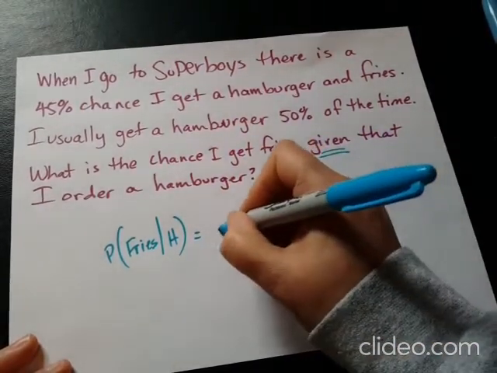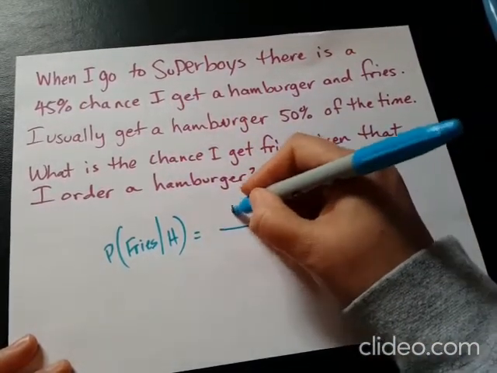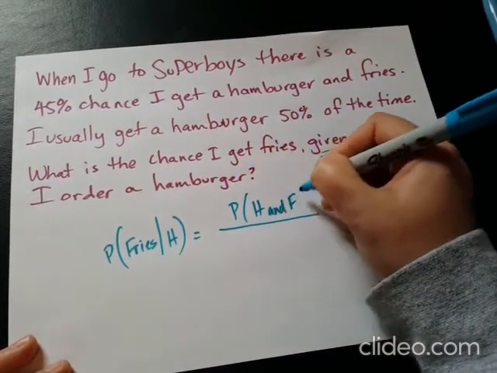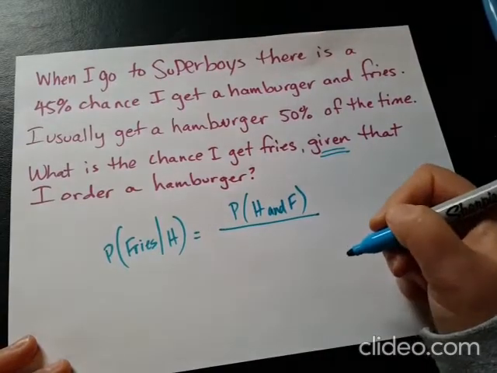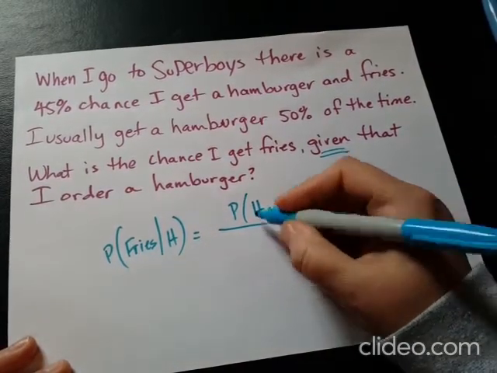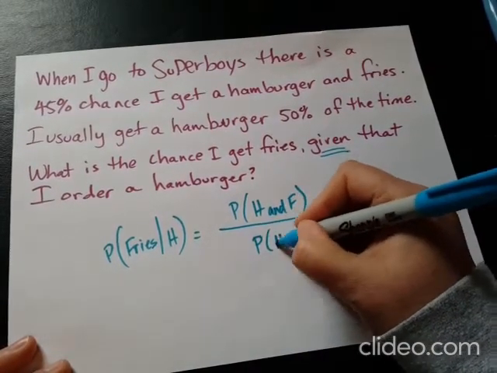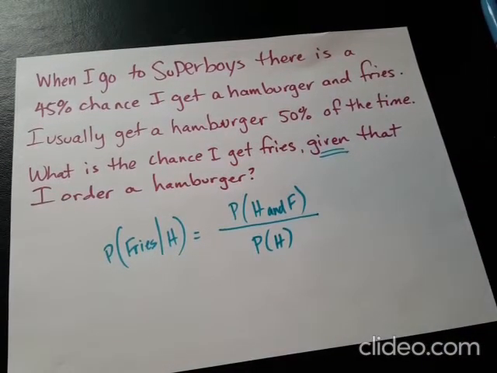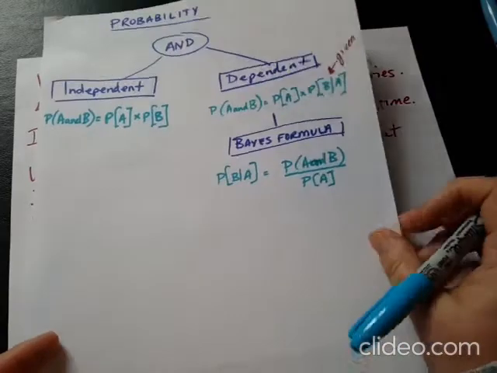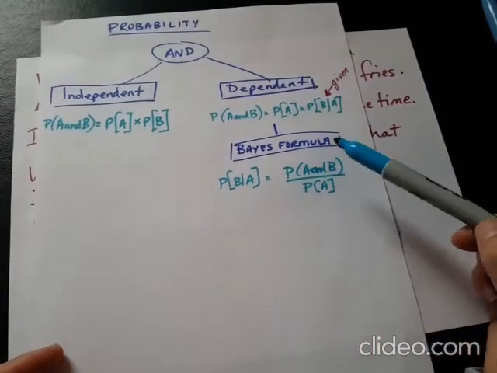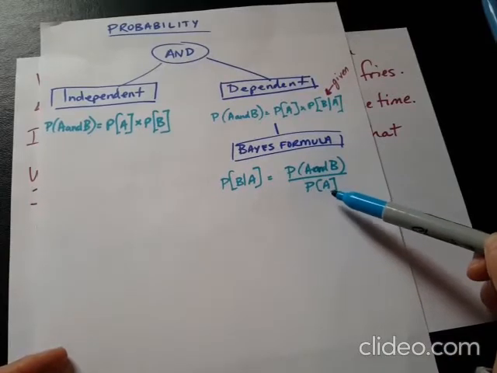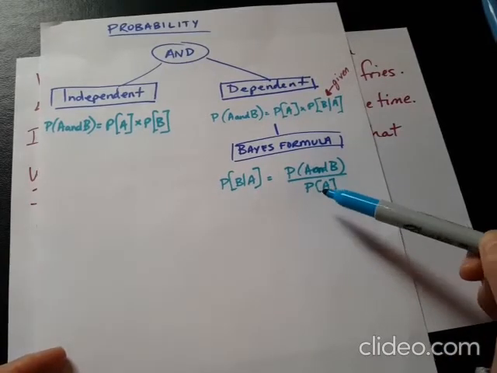So for the base formula, we're going to put on top the probability of ordering a hamburger and fries. Hopefully they're telling us that in the question somewhere. And on the bottom, we're going to use the probability of just ordering that hamburger. So that's how our formula works, is we put the and on top and then the initial single event on the bottom. And then this is a divide.